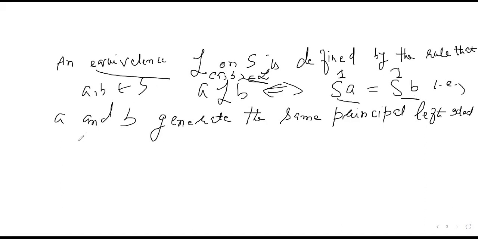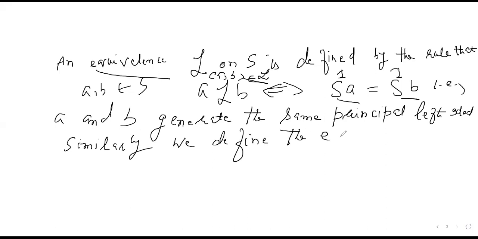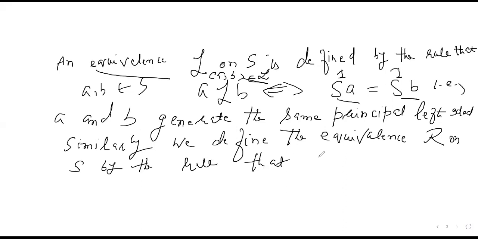So similarly, we define the equivalence R on S by the rule that A is R related to B if and only if the principal right ideal generated by A is the same as the principal right ideal generated by B. So R is also an equivalence.